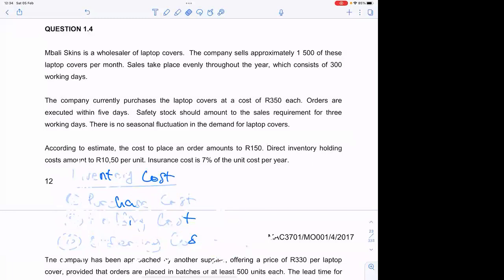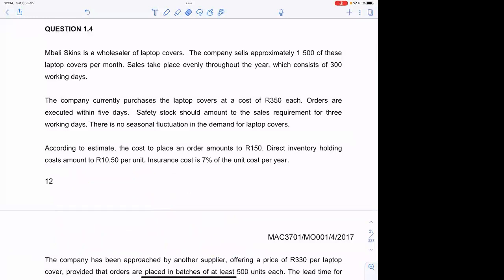Normally, what I've realized with management accounting is that they either hide information or they give you more than required. Just to confuse you, we end up adding stuff that we're not supposed to be adding. For example, they will give you the salaries, they will give you rental, something that is irrelevant to the question.